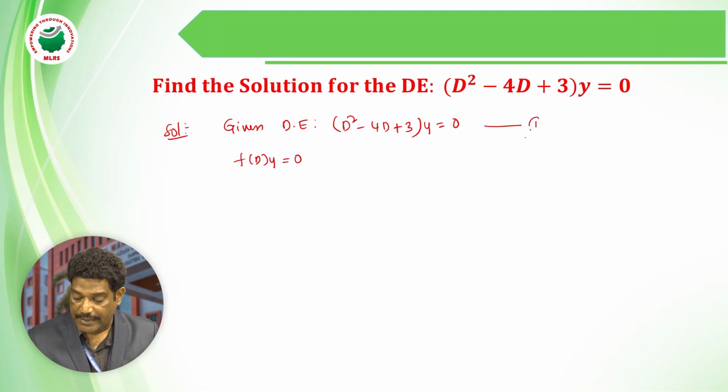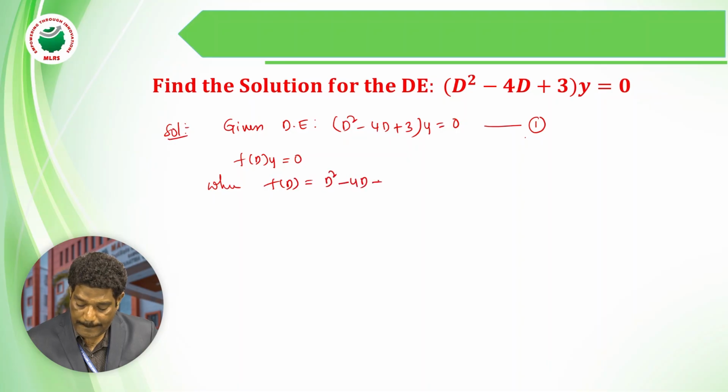First of all, we take this as equation 1. Comparing, f of D equals D square minus 4D plus 3. Next, take the auxiliary equation, that is f of m equals 0, that means m square minus 4m plus 3 equals 0.